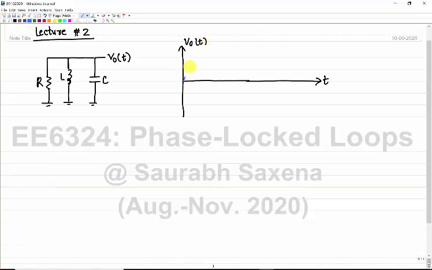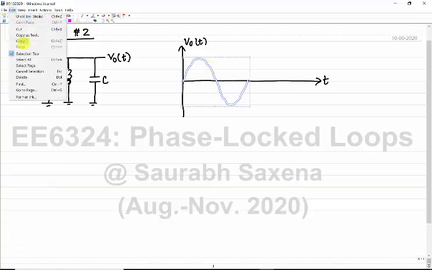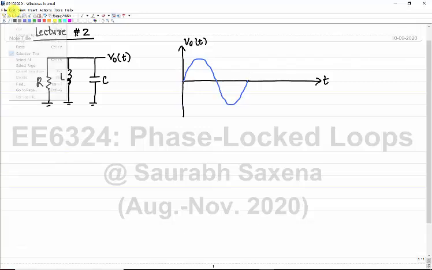So what we want is an ideal sine wave. Just assume that this is an ideal sine wave, and I am going to repeat this sine wave. Okay, that is what we should have, right? The exact same waveform and so on.